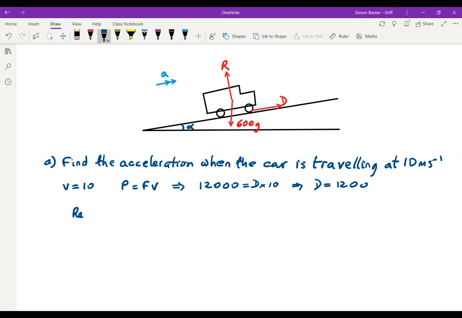If we resolve now up the slope, we will get D, which is 1200, minus 600 G sine alpha is mass times acceleration, 600 A. Pressing the buttons, we get that A is equal to 1.51 meters per second squared.